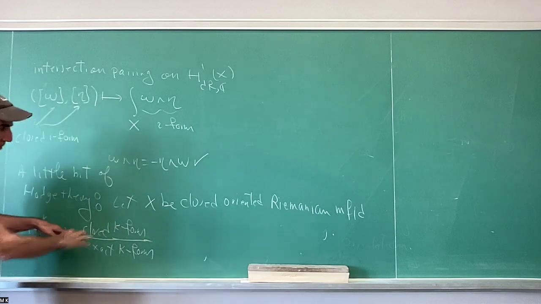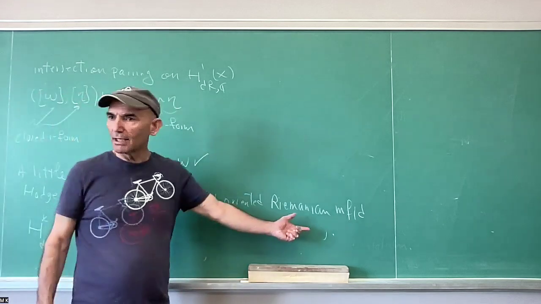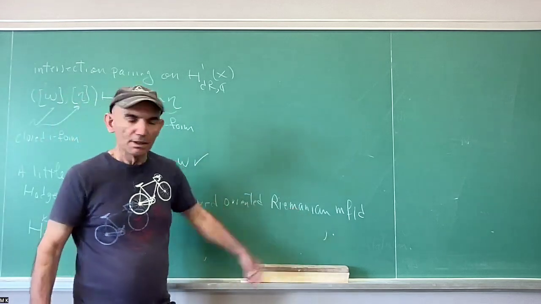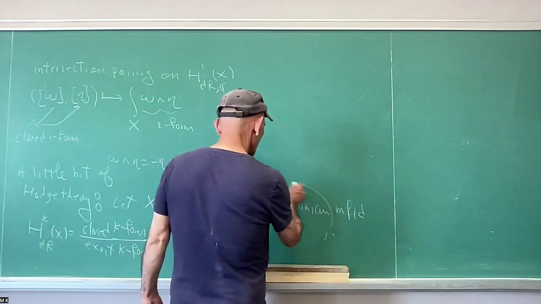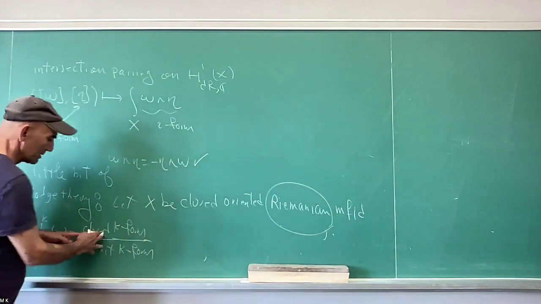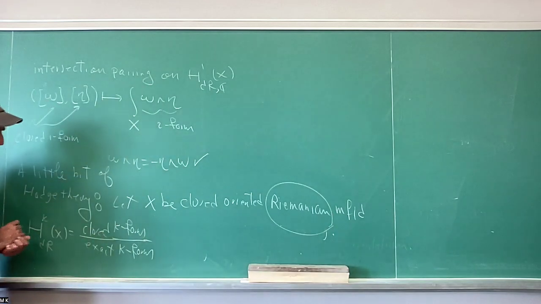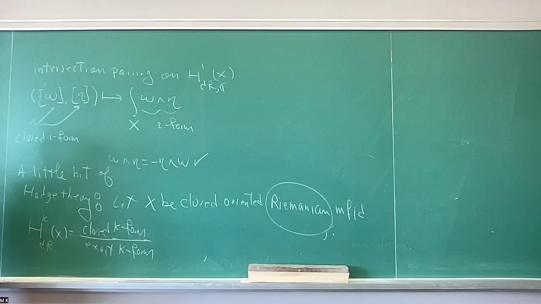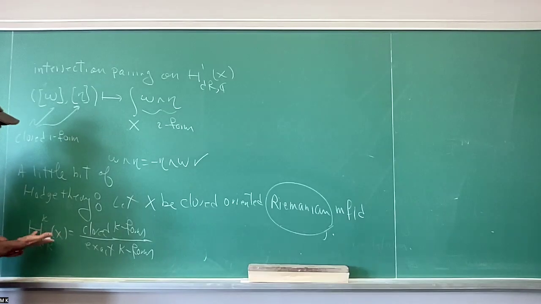So in this definition, we didn't use Riemannian structure, right? Now, if you use Riemannian structure, you can actually write this in a much better form. In other words, you can define something called harmonic forms, and then it turns out that the space of harmonic k forms is actually isomorphic on the nose to the de Rham cohomology.